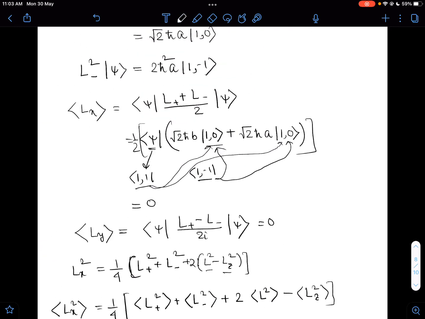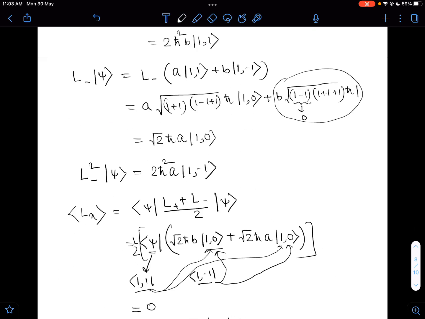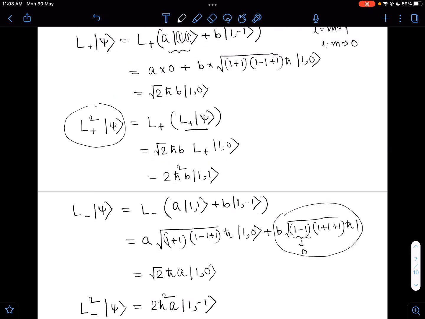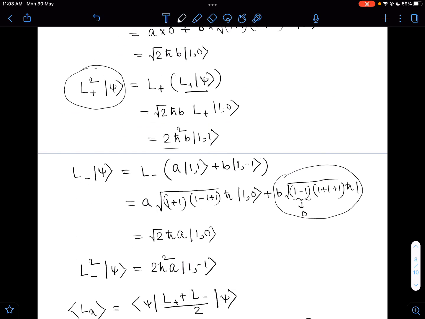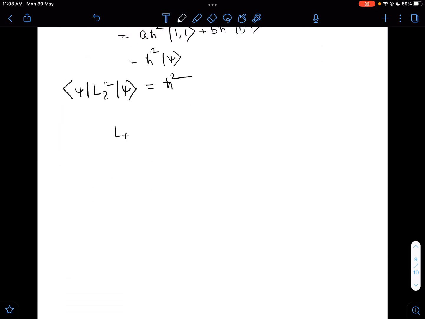So we have this Lz squared expectation value and L squared expectation value. Now we have to calculate the L plus squared expectation value and the L minus squared expectation value. So what is L plus squared acting on psi? It is 2ħ squared B|1,1>.